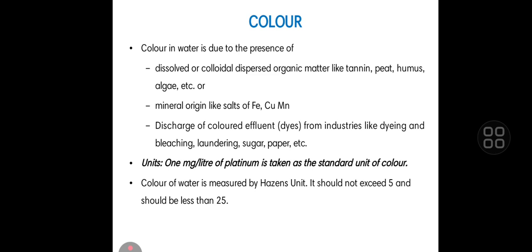The organic sources are algae, tannin, humic compounds, organic dyes, etc. The inorganic sources are iron and manganese compounds, and chemicals and inorganic dyes from various industries. These affect the color of the water. The unit of color is milligram per liter of platinum, which is taken as the standard unit of color.